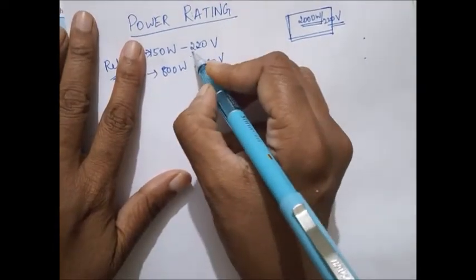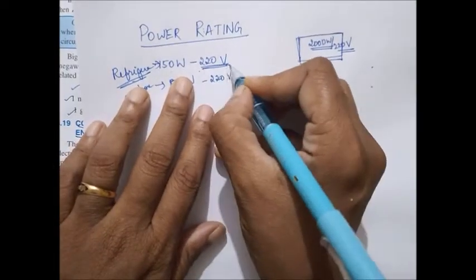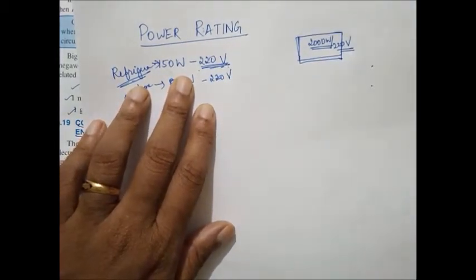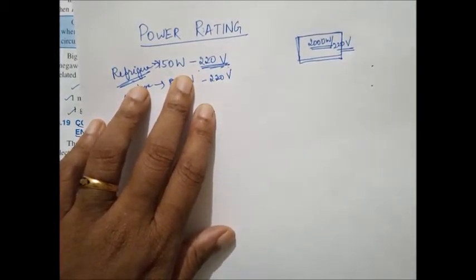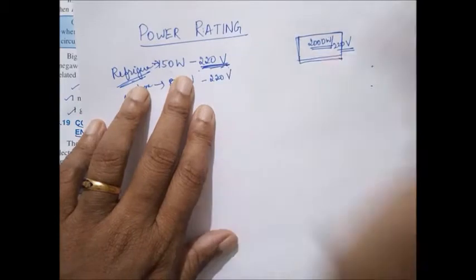This means if you give 220 volt, now you know that normally the supply that we get from our 3-pin plug, the supply that we get from the electricity pole, is 220 volts.